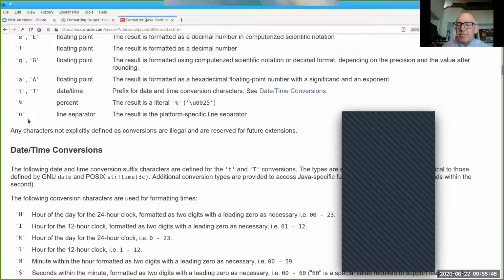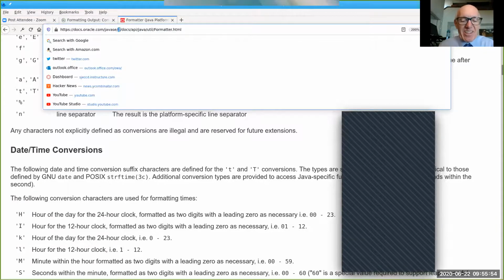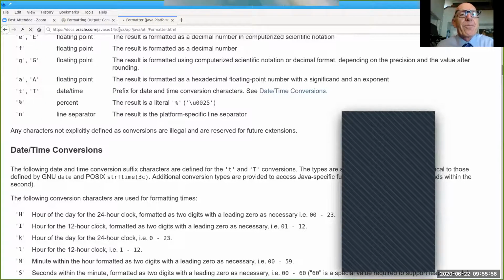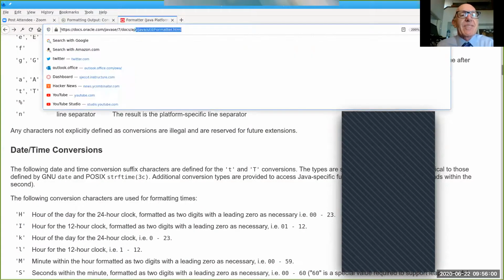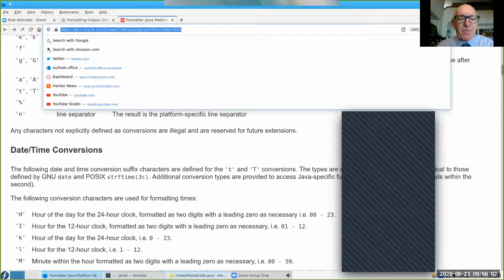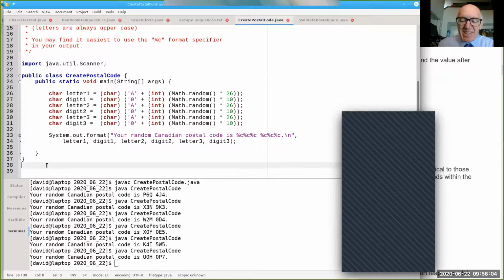So there we go. That's where they really are. I'm going to copy this and paste this in here someplace so that I can remember it later. Everybody okay on this so far then?